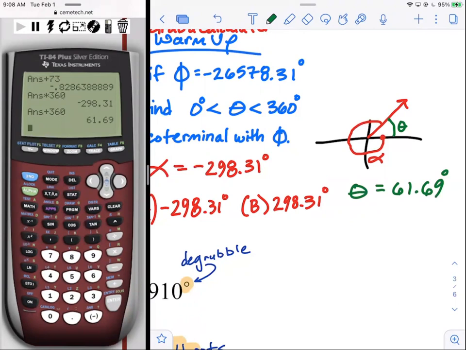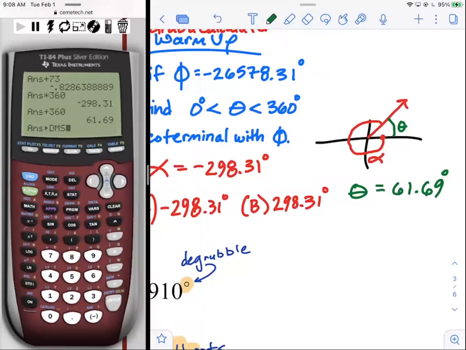So once I found 61.69 decimal degrees, I can just hit answer, that's second negative, or type it in, because it terminates. And then how are you going to get to the convert to DMS? Second apps, your angle menu. And then we're choosing which one? Number 4.